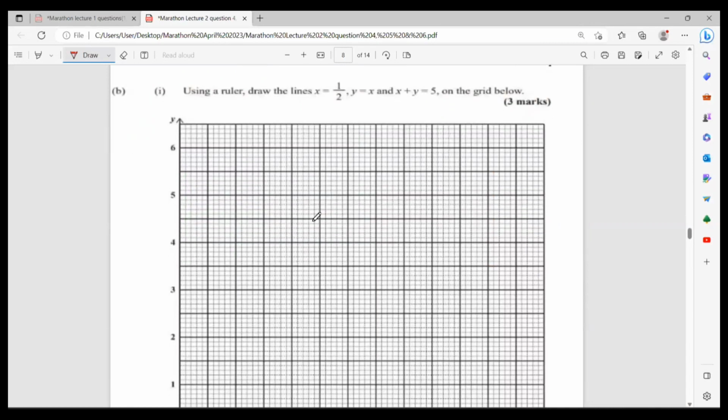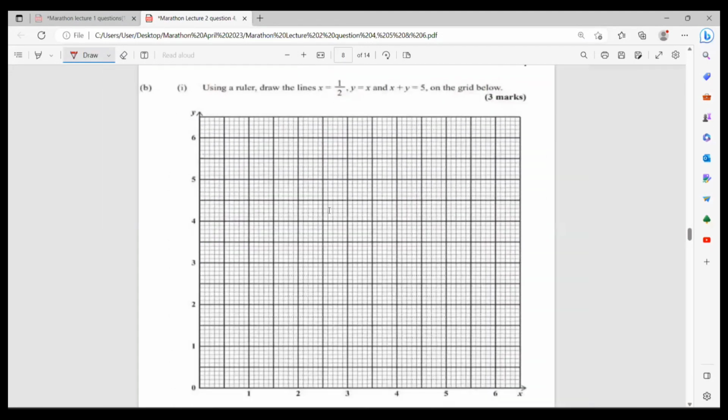Let me see if we could finish this in the time. I don't know how many questions are underneath for this. It says using a ruler, draw the line where x is equal to a half. I can't do it here. I have to do it on the other board for it to look good.